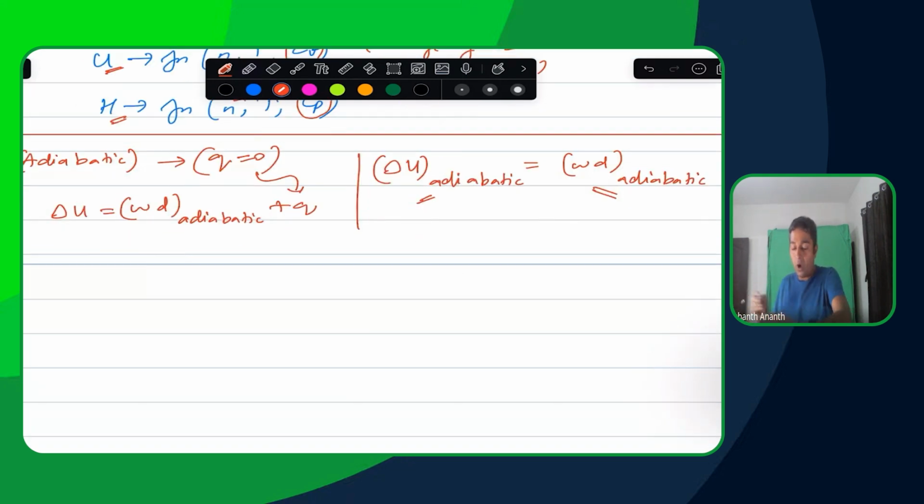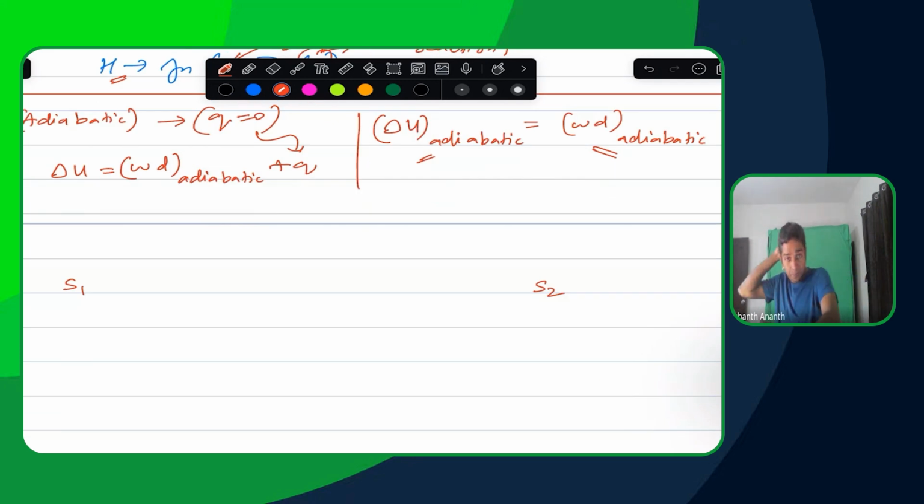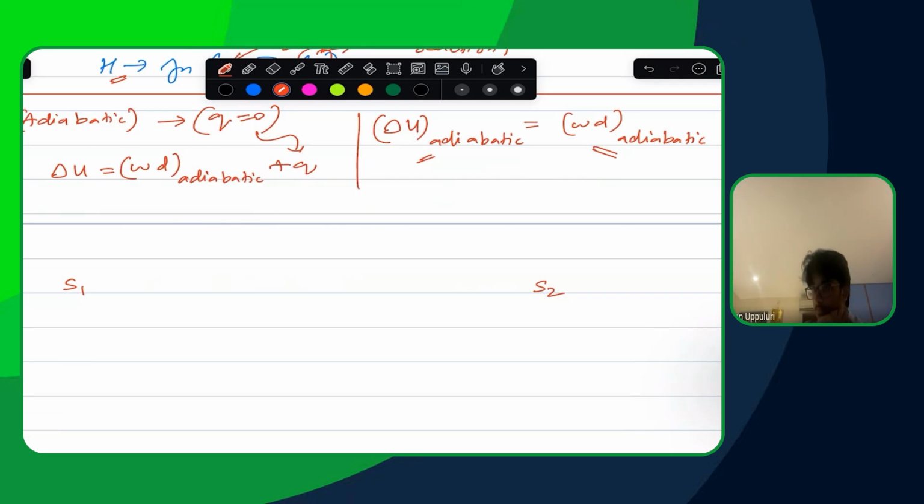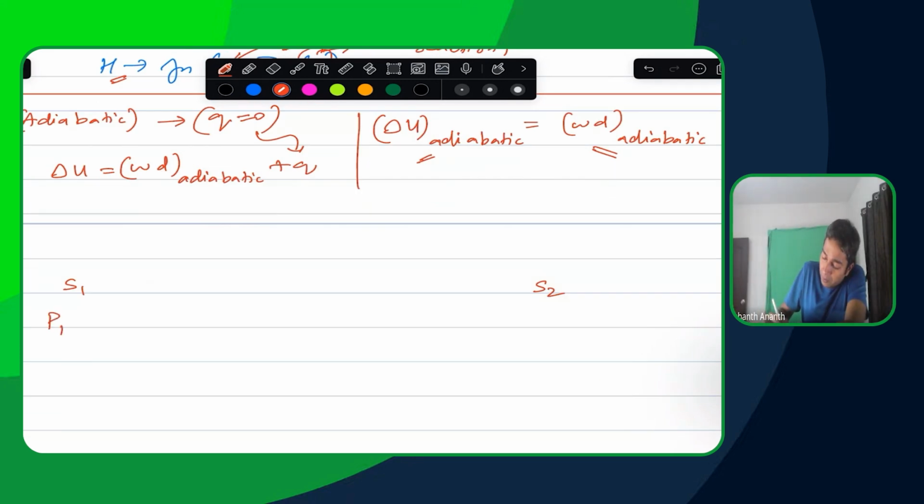So let us now observe this adiabatic process a little bit more closely. State S1 is going to state S2. State S1 is going to be P1, V1, T1. State S2, I'm going to take as P2, V2, T2. Number of moles, I keep constant.